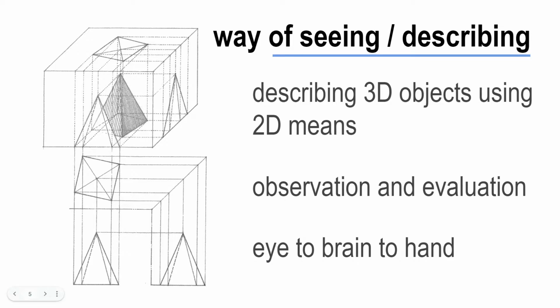So again, orthographic is a way of taking a 3-dimensional form and breaking it down into 2-dimensional planes or faces. It takes time to train your brain to understand how an orthographic is made from an object and then how to read one, but through time you will get better at it.